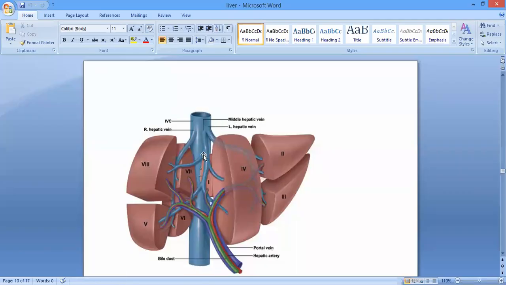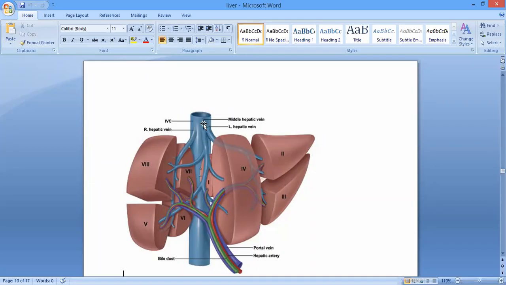These hepatic veins are going to leave the liver from its posterior surface. These hepatic veins have nothing to do with the porta hepatis. They are going to leave the liver from its posterior surface, and directly they are going to open into the inferior vena cava.